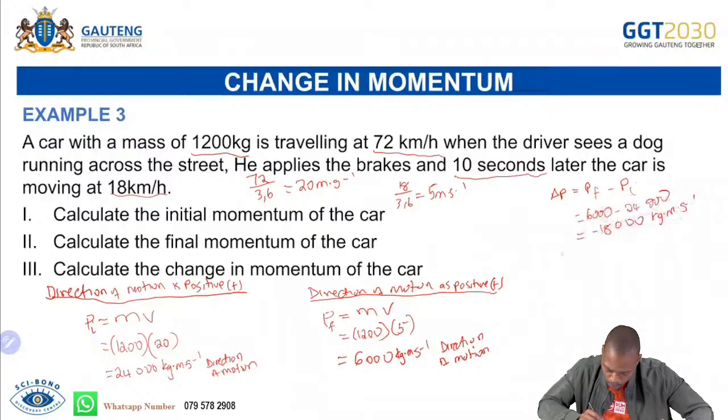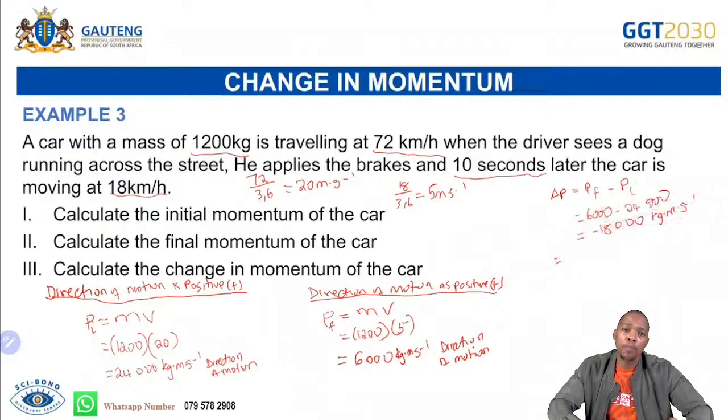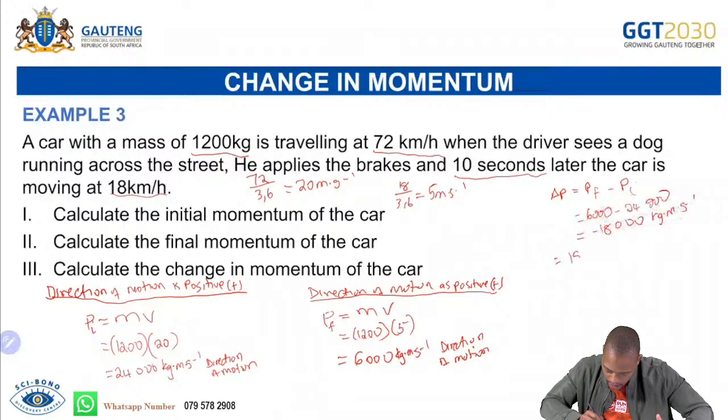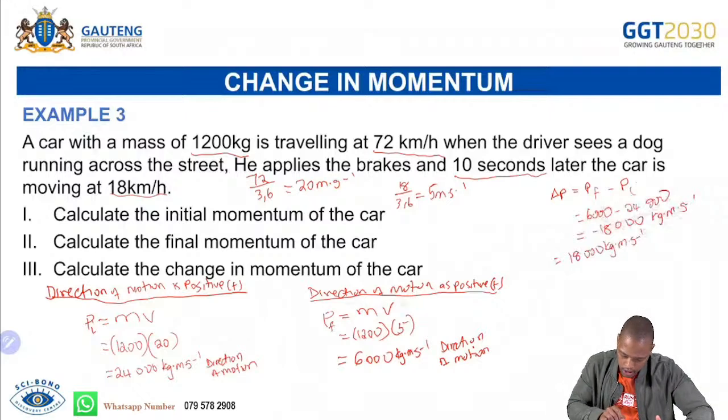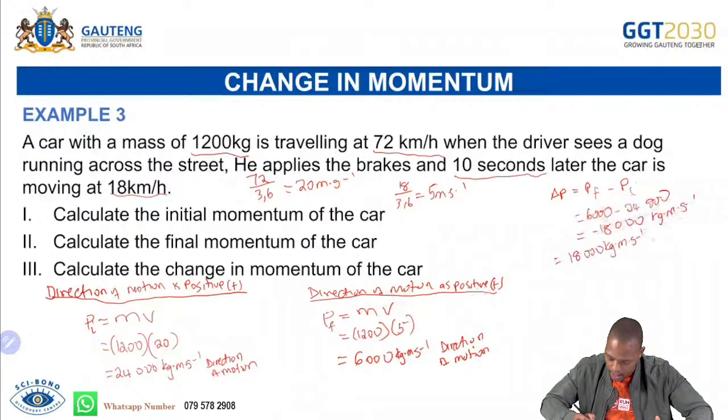What you should do is drop the negative because we borrowed it from maths. Now we're coming back to science and write 18,000 kilograms meters per second. Then write your direction in words. So since the positive direction was the direction of motion, the negative direction has to be the opposite direction of motion.